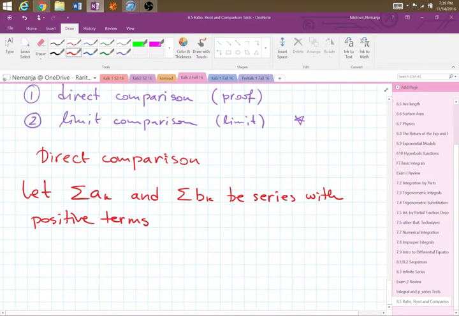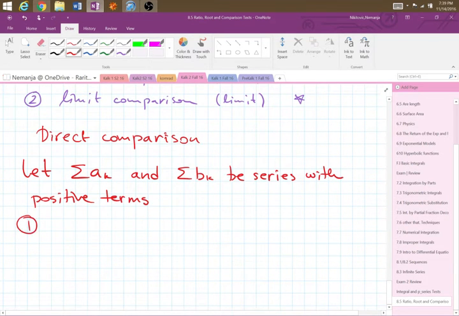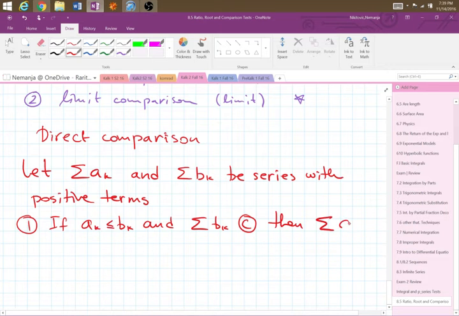So that's what I have. In this case, 1. If AK is less than BK and summation of BK converges, then summation AK converges as well.